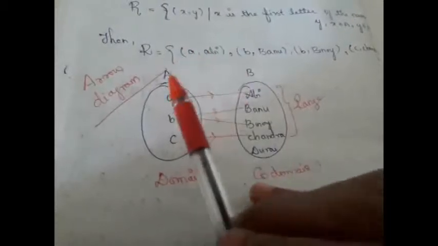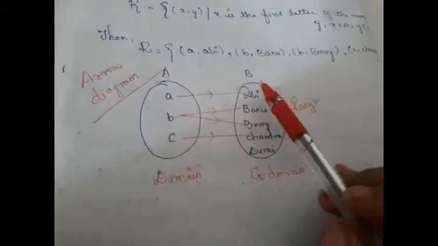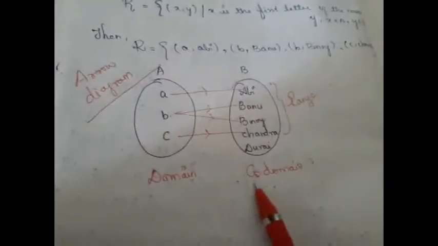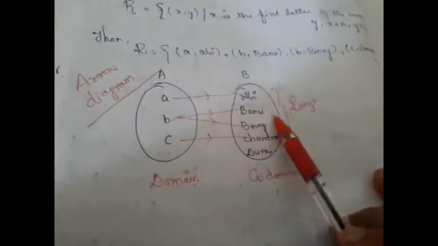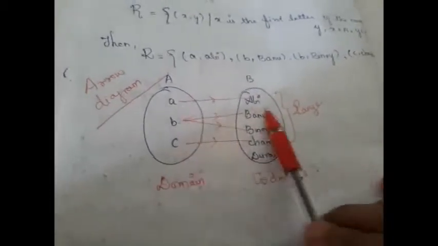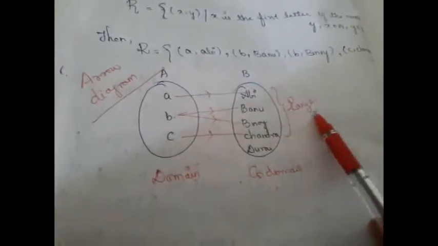Now this is a relation defined between set A and set B, where set A is called the domain and set B is called the codomain. And the answers which we mapped are called the range. Clear? Hope you understood.